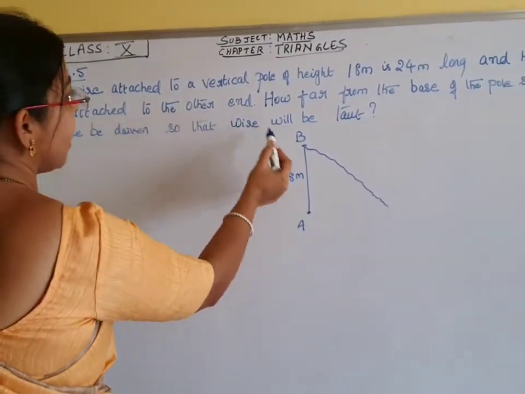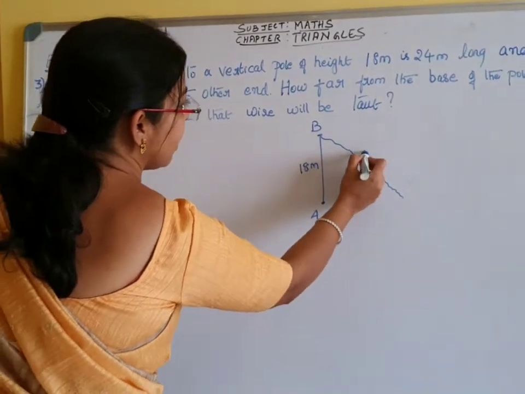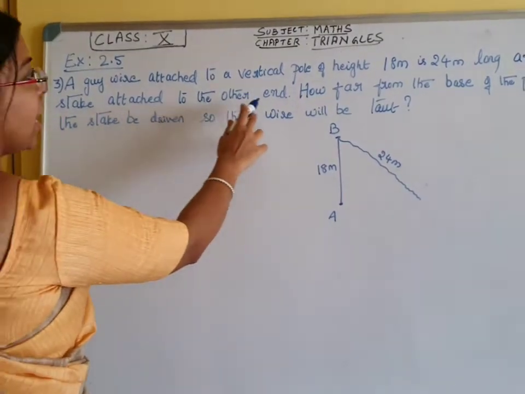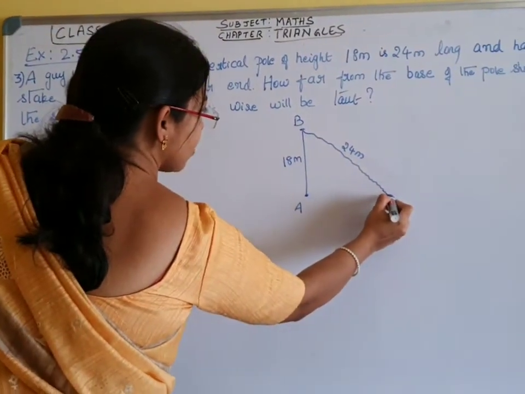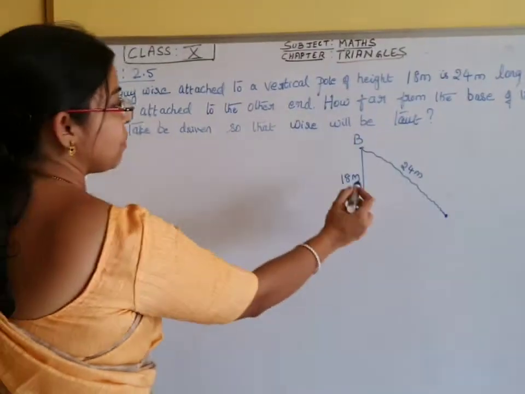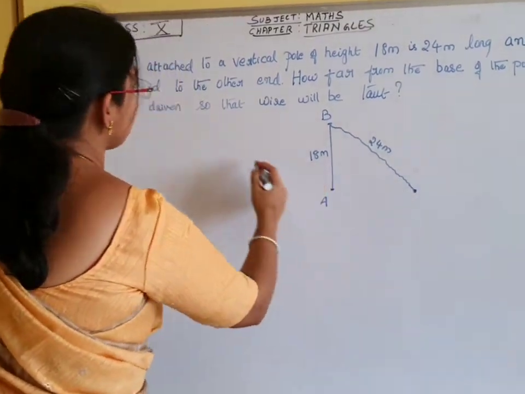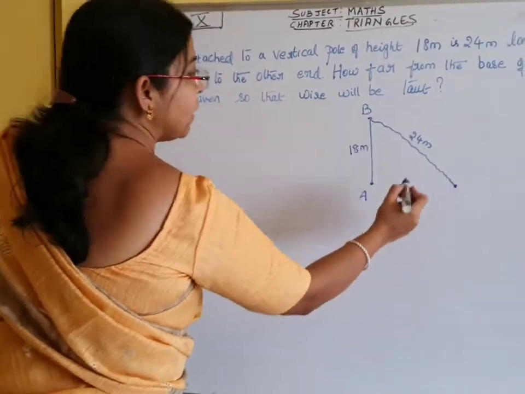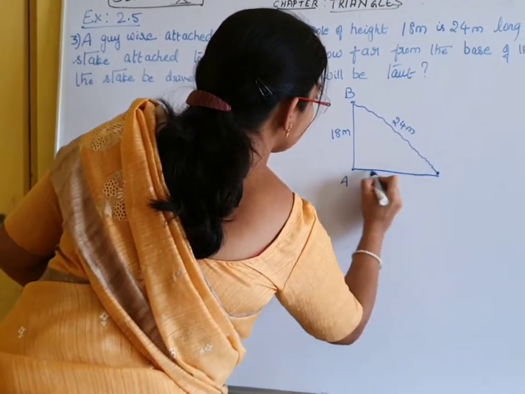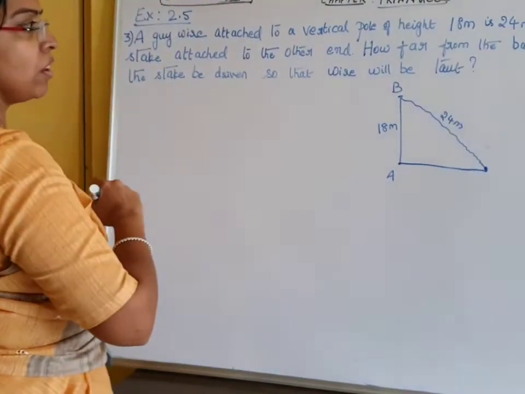A guy wire is attached to a vertical pole of height 18 meters. The guy wire is 24 meters long and has a stake attached to the other end. How far from the base of the pole should the stake be driven, so that the wire will be taut?